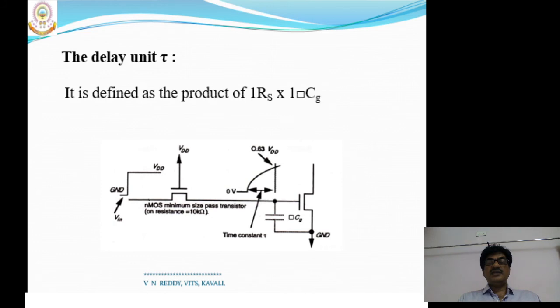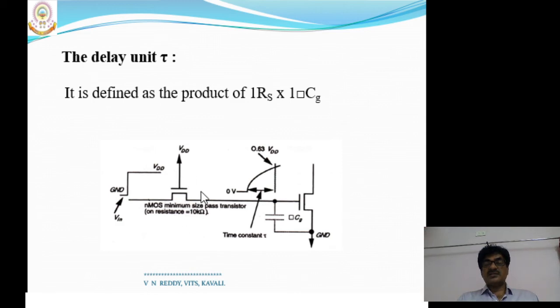And the delay unit here is called tau. It is defined as the product of one sheet resistance and one square Cz. For this, a model of transistors is represented here.